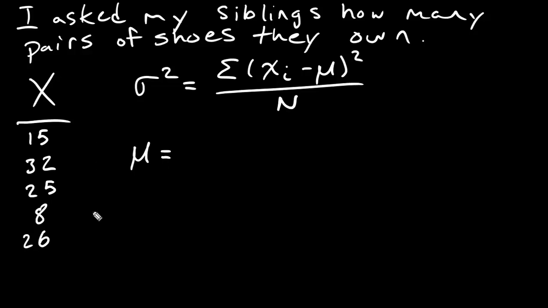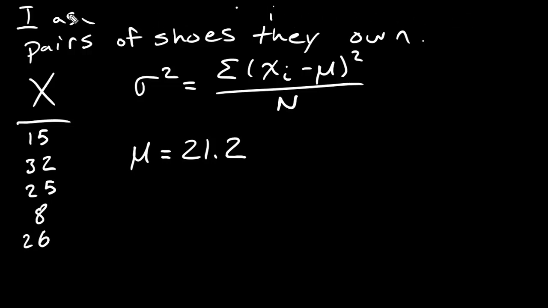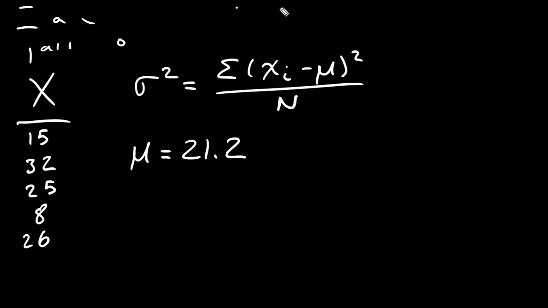We just need to add all of that up, divide by 5, which is the population size, and we would see that we get a mean of 21.2. So mu equals 21.2.